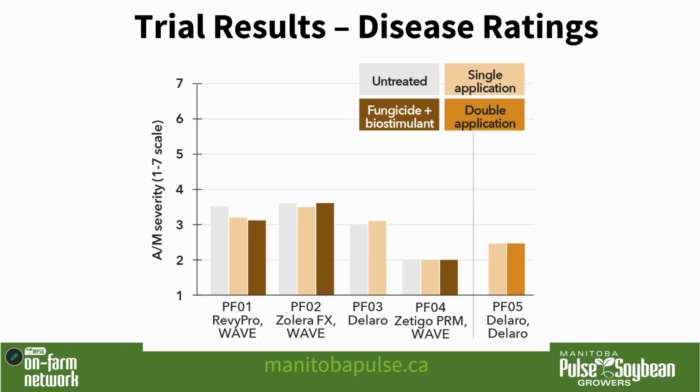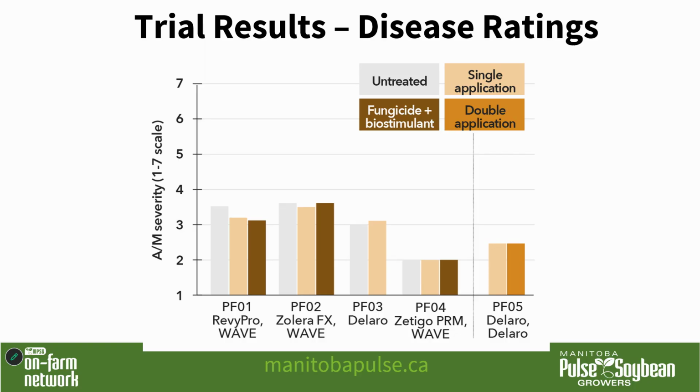For each single fungicide trial, the gray bars on the left are peas without a fungicide application, so no untreated. Then beside those are beige bars, peas with a single fungicide application.